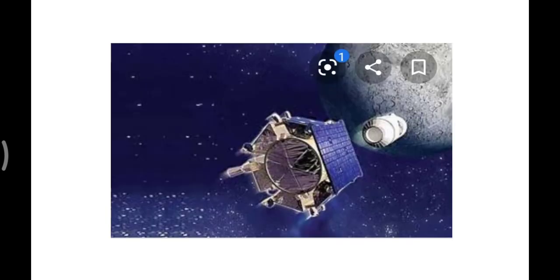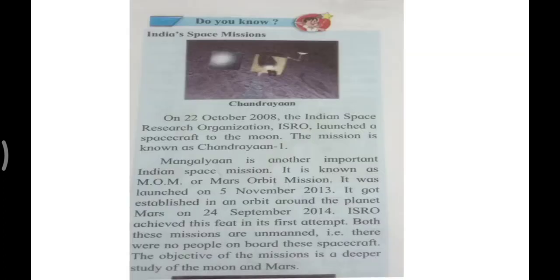There is one more picture. Okay, so it is revolving continuously around the moon and sending us the information of the moon. Mangalyaan is another important Indian space mission.